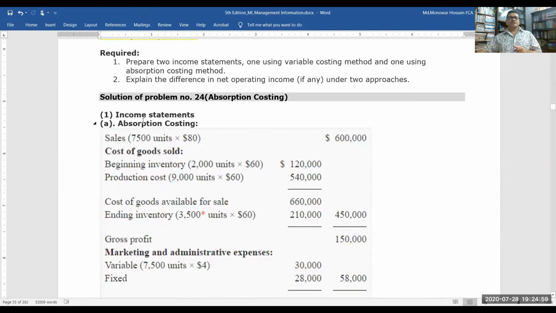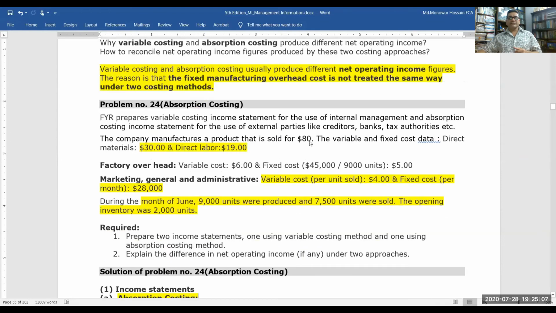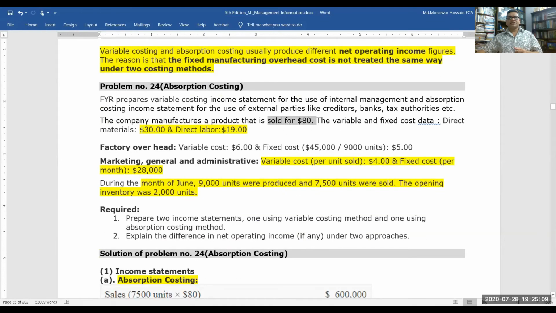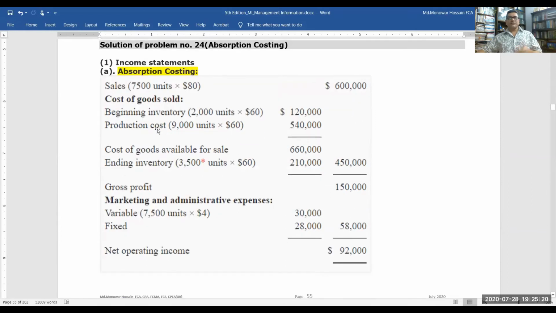Under absorption costing, look here: sales are 7,500 units and the selling price per unit is $80. Multiplying $80 by 7,500 units, we get $6 lakh for sales. For cost of goods sold, beginning inventory is 2,000 units at 60, and production cost for 9,000 units is also at 60.